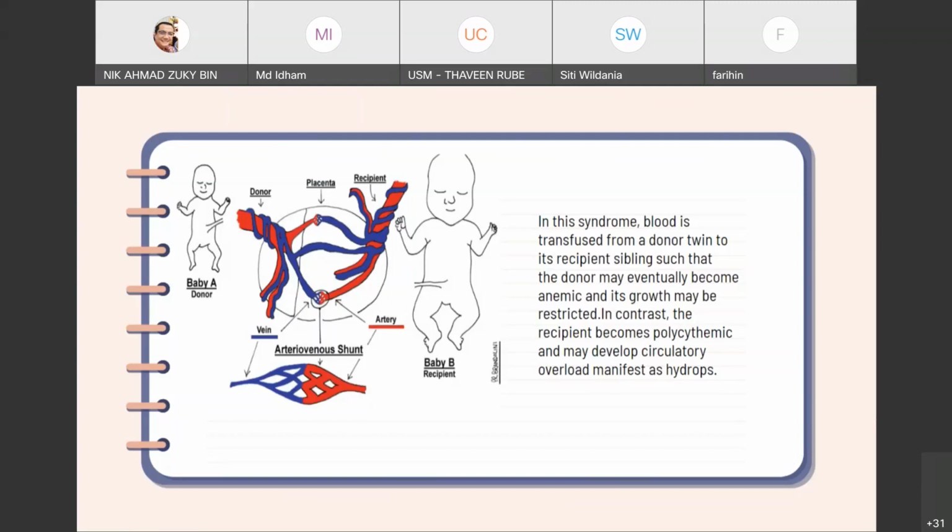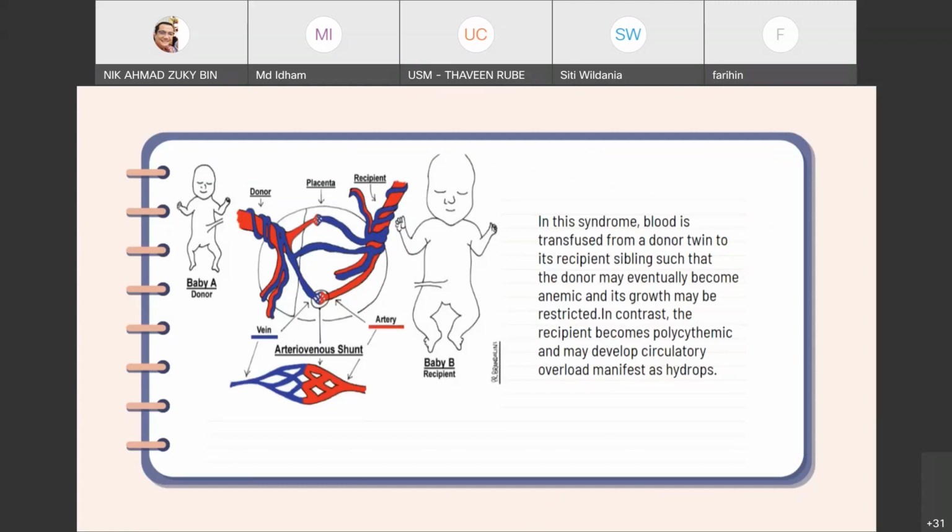The idea that the blood has reached baby A as a donor is wrong. The event actually occurs at the placenta before reaching the donor twin. The blood that was supposed to go to the donor is shunted to the recipient.